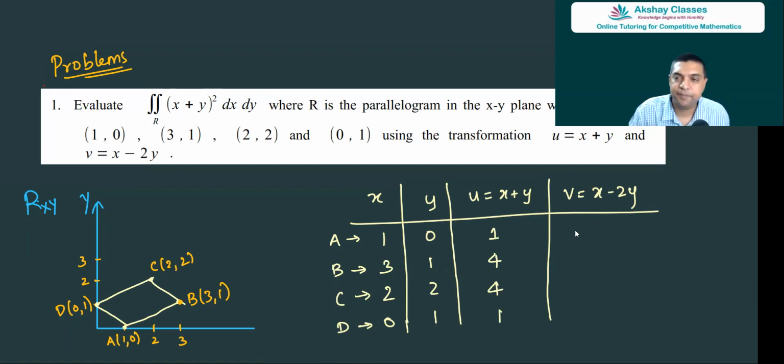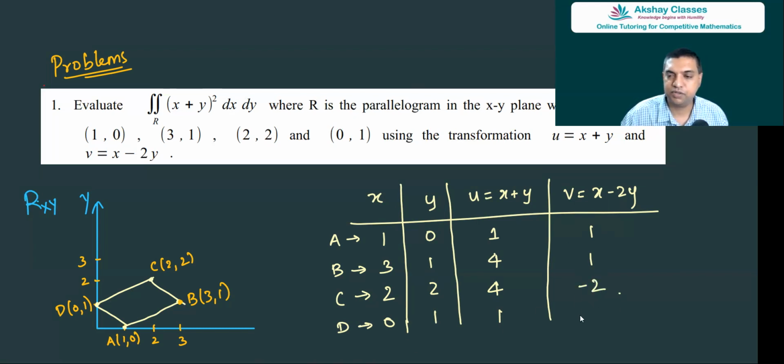Next for V, it will be x minus 2y, that is, no, sorry, this will be 1 minus 0. So it will be 1. Then 3 minus 2, it will be 1. Then 2 minus 4 will be minus 2.